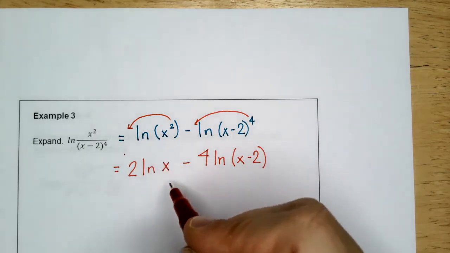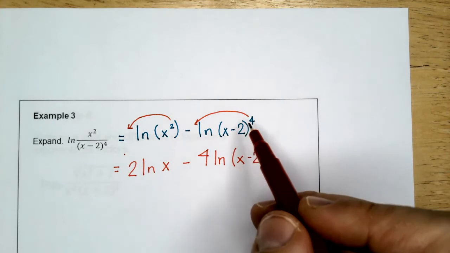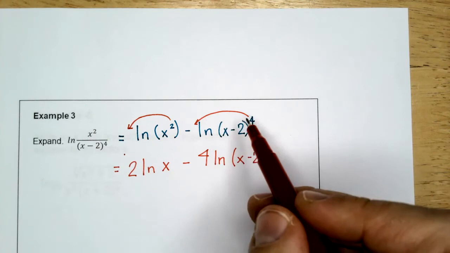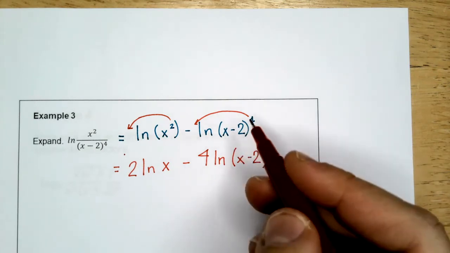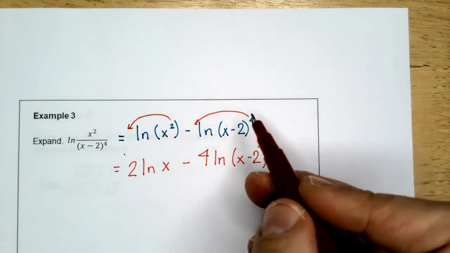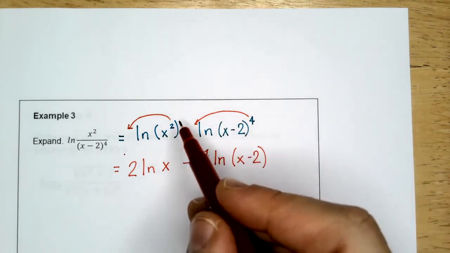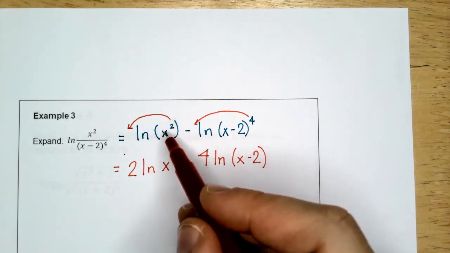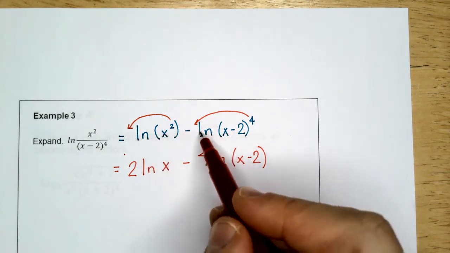And the parentheses, you can include the parentheses or not. I needed the 4 outside the parentheses here because it's being distributed to both the x and the -2. Here, it's only going to the x, so you could put the 2 outside or inside. I liked it inside because it shows that I'm putting that in and taking the natural log of it, but they mean the same thing.